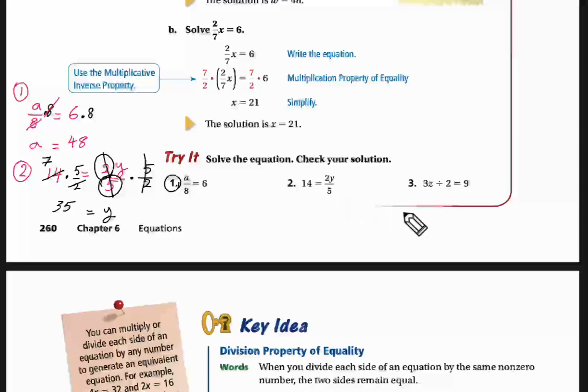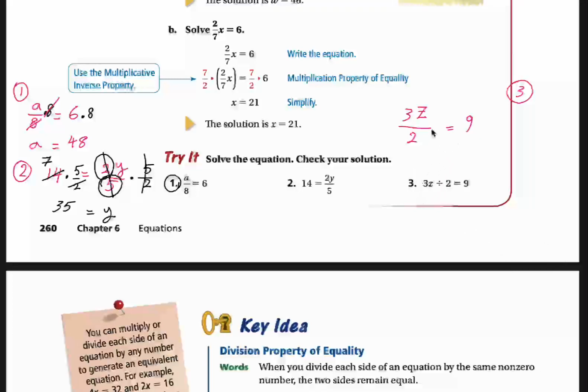Okay, and here in question number 3, what should we do? Let the 3 be z and the fraction over 2. So you want me to write it 3z over 2, like this? Yes. Equals 9. Yes, you can do this. And now, what should we do next? We flip it.